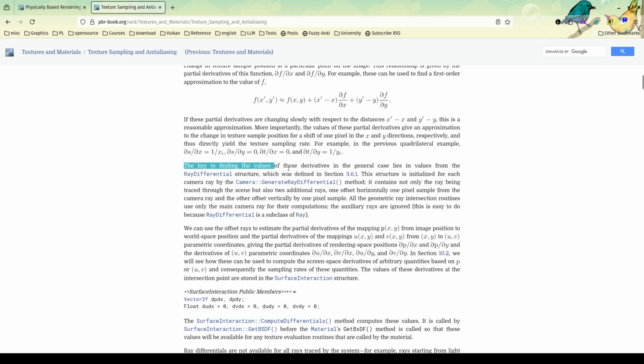So the key to finding the values of these derivatives in the general case lies in the ray differential structure. Okay, which we define in section 3.6.1.